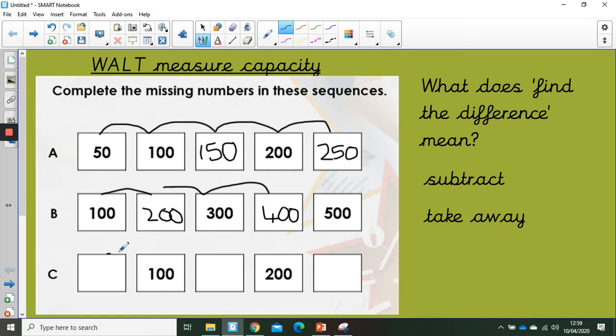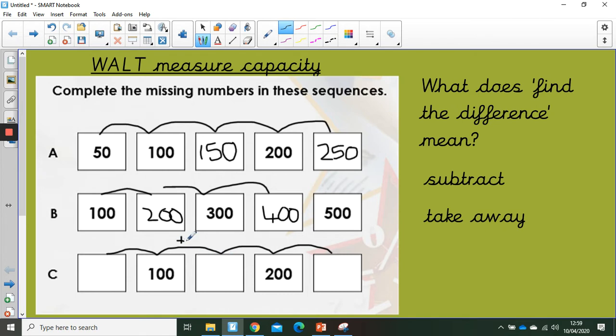So what's the increment here? This is a bit trickier, isn't it? We've got the difference between 100 and 200. The difference is 100. Half of 100, we're looking at halfway in between, is 50.